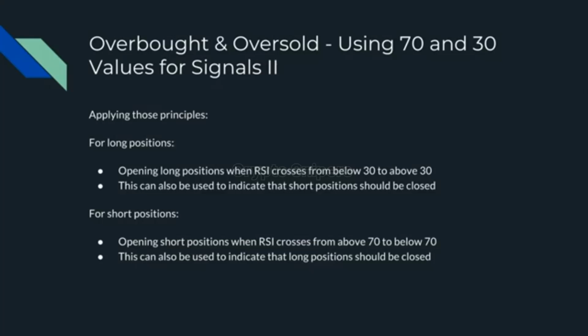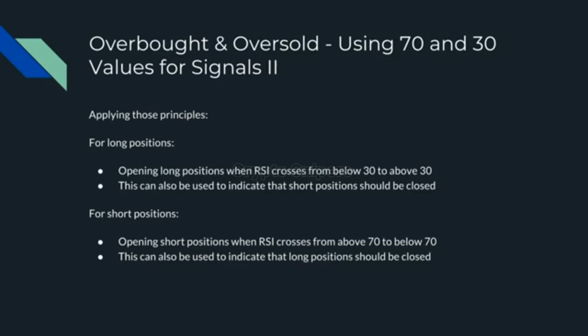signals? If you want to go long, it makes sense to open long positions when the RSI crosses from below 30 to above 30. Let's think about this logically for a second, because this is a concept you need to understand, and it makes the whole thing make a lot more sense. The 30 level and below is oversold.